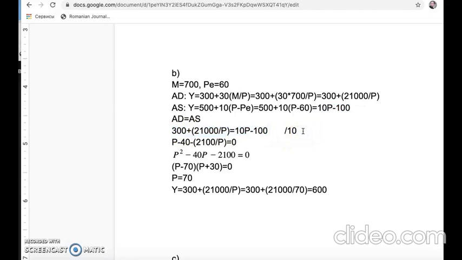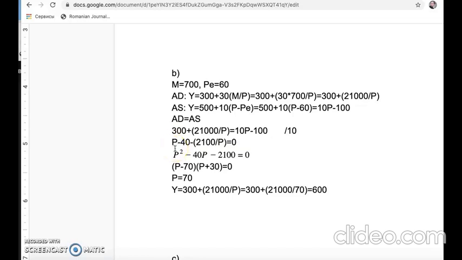Just divide it by 10 to simplify our calculations. We will get P minus 40 minus 2100 divided by P equals 0.